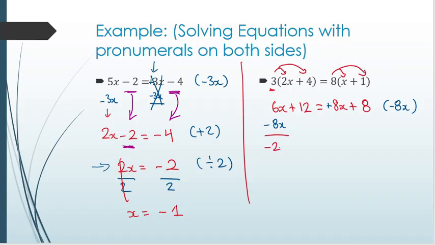All I'm left with is -2x because 6 minus 8 is -2. Now, plus 12 stays the same because nothing's been changed to that. And then this minus 8x here turns to 0, and all I'm left with on the right-hand side of the equation is this positive 8.